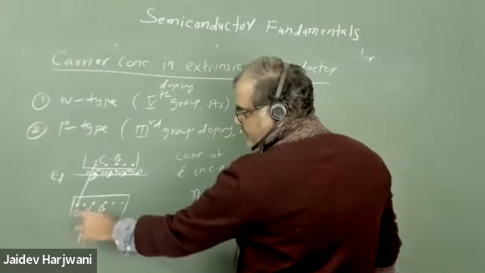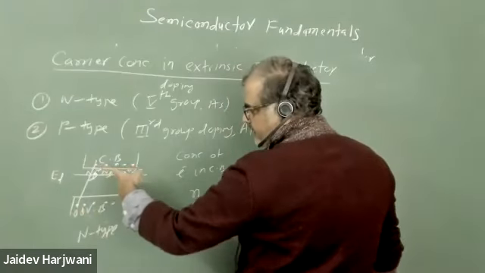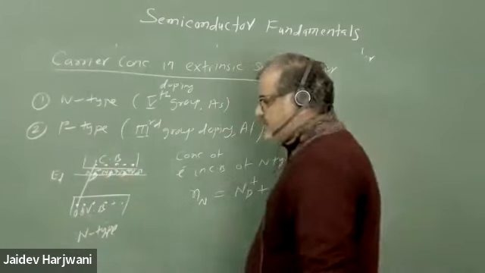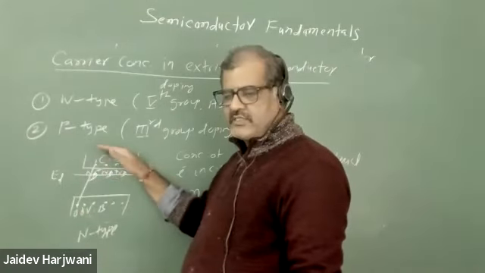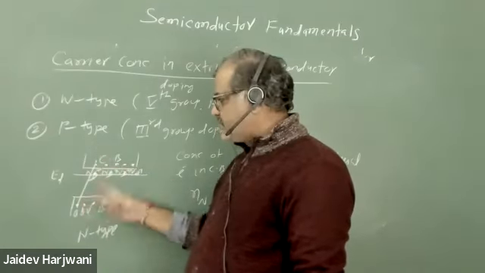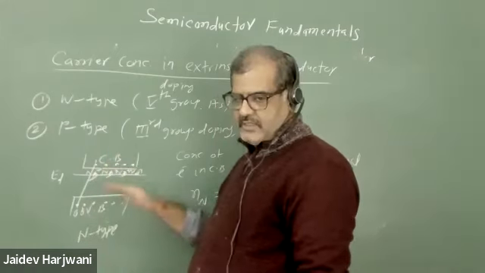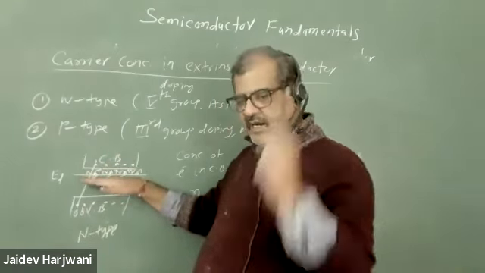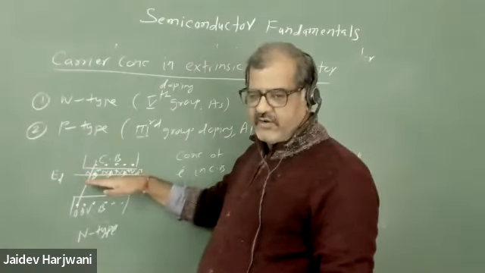Are you getting? If suppose 2 holes are present here, so these 2 electrons go here. So if I want to count how many atoms got ionized, suppose here we have 10 atoms. So 10 atoms ionized means 10 electrons here. And similarly 2 electrons go from here to 2 holes here. So I have total how many? 12 electrons here. Are you getting? If I have 10 atoms ionized, each will give you 1 electron.